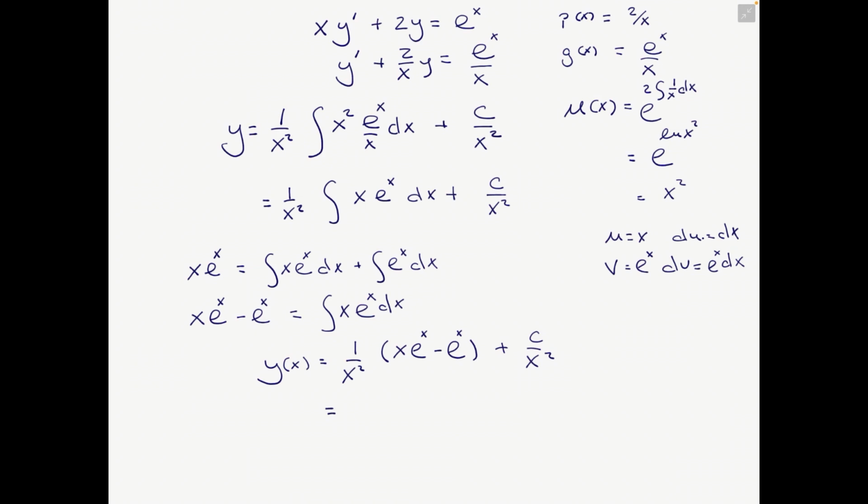We can bring this out. I don't know if that's any simpler. Let's do it this way: e to the x on x squared times x minus 1 plus c on x squared. So that's y of x.